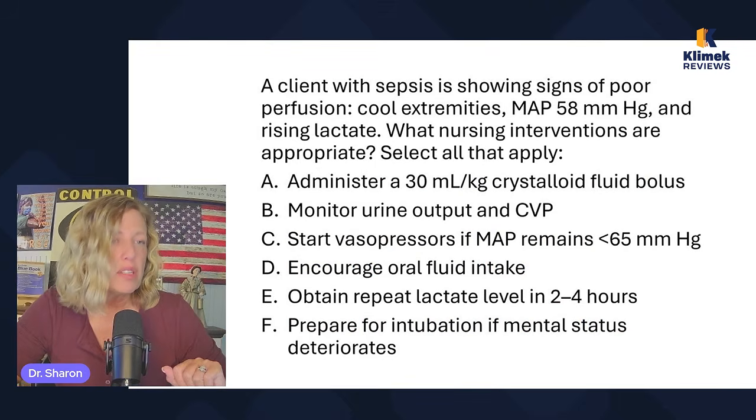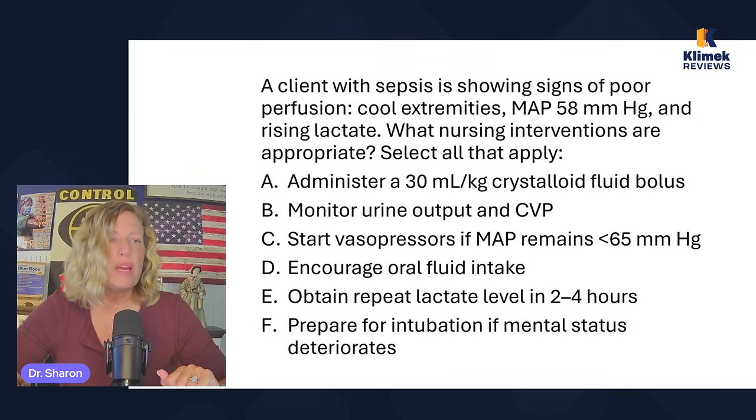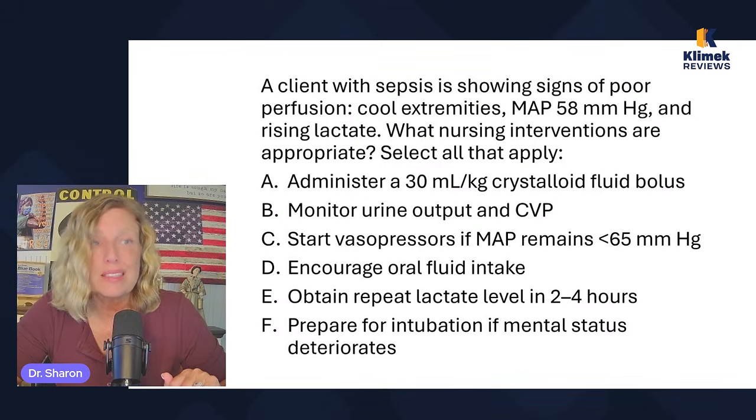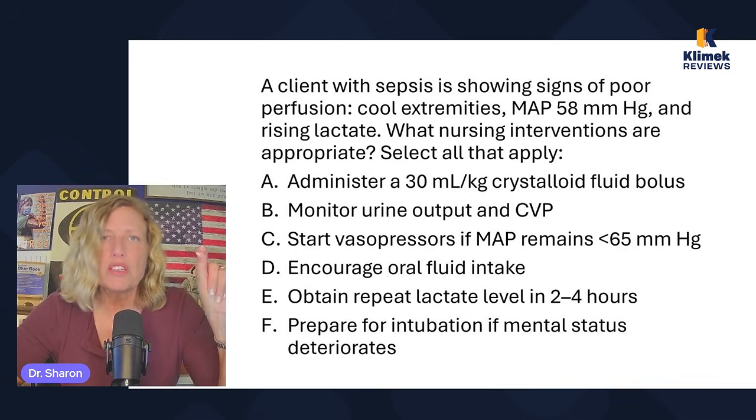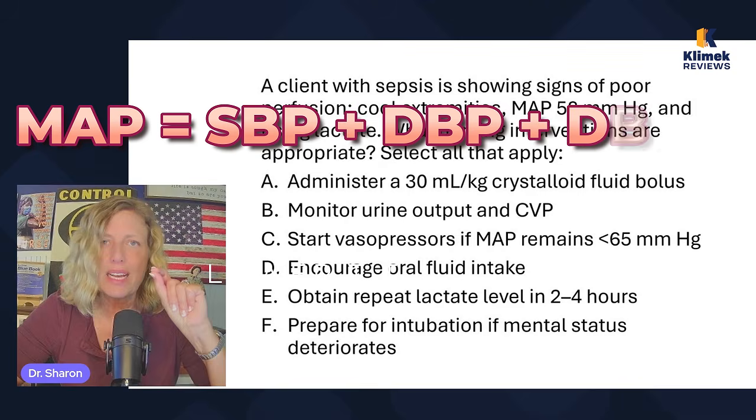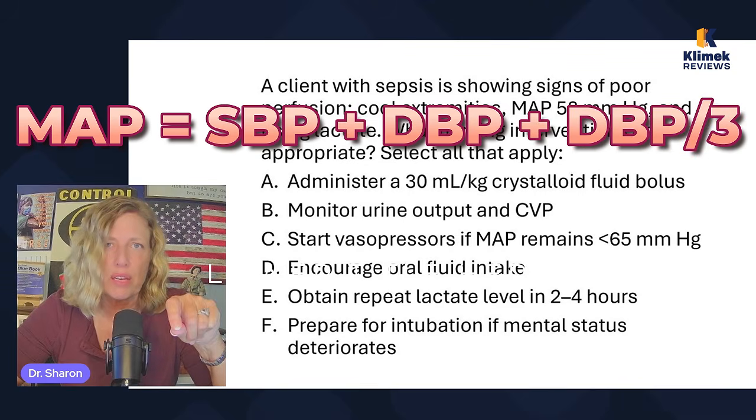A client with sepsis is showing signs of poor perfusion, cool extremities, MAP of 58, and rising lactate. What nursing interventions are appropriate? Select all that apply. So I have a patient who's going into septic shock. They're septic, and now they're showing signs of poor perfusion. Their MAP, mean arterial pressure, is systolic plus diastolic divided by 3.